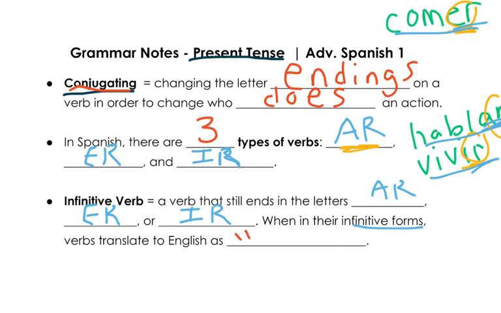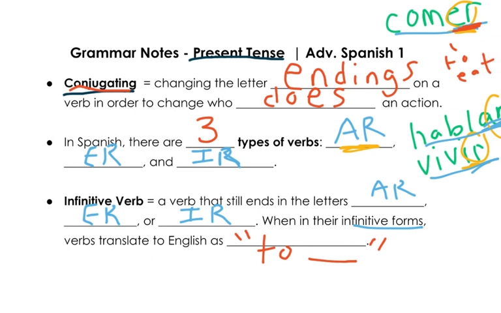So when a verb's in its infinitive form, they translate to English like this. They translate to English as to blank. And the blank is whatever the action is. So for example, comer ends in ER still, so it's in its infinitive form. If we were to translate comer to English, it would translate as to eat.